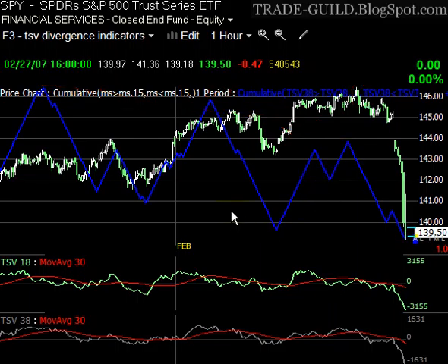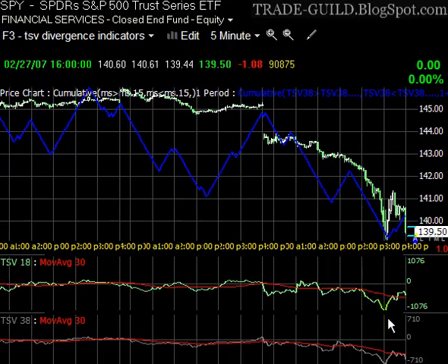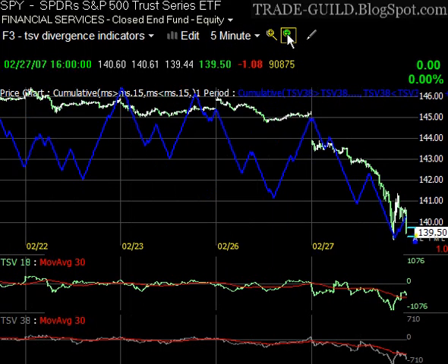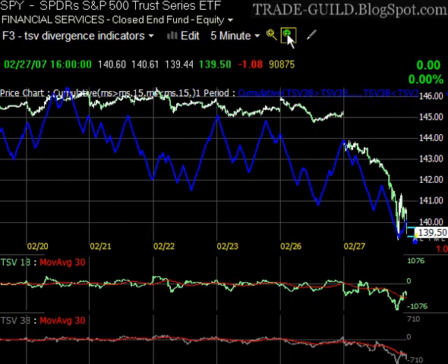If we take a look at the next time frame that I use, which is the 5-minute, what we'll see here is, again, this is that high that we were looking at over here. This is that high, because we're looking at the 5-minute. And here you see the indicator at the highest on the screen.